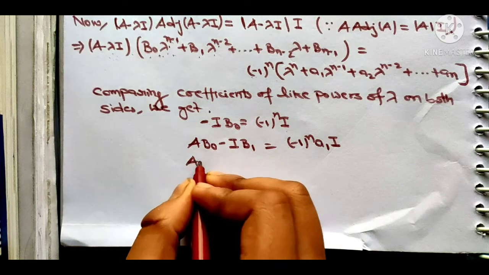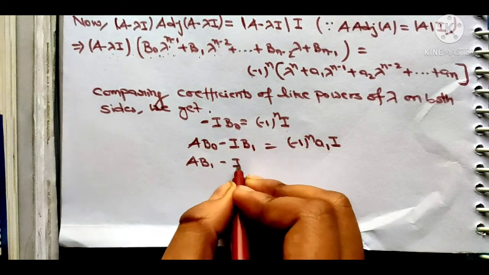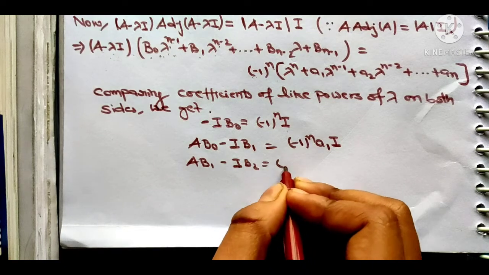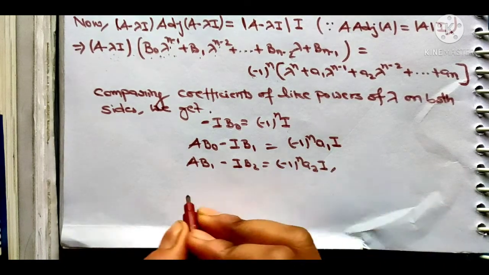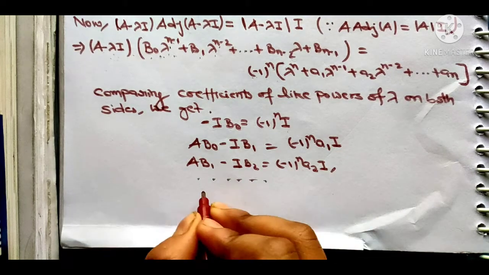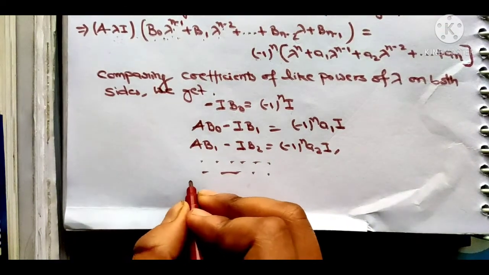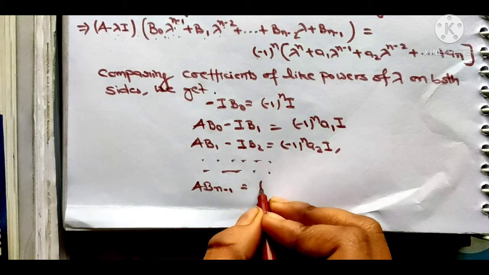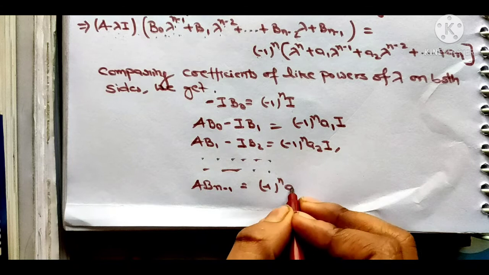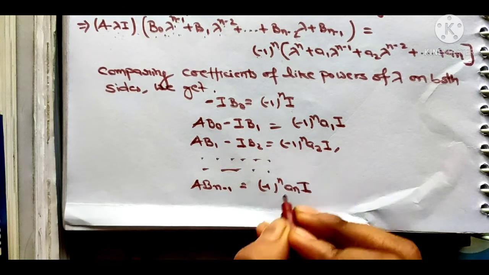We get A B1 minus I B2 is equal to (-1)^n a2 I. Likewise, up to A B(n-1) is equal to (-1)^n an I.